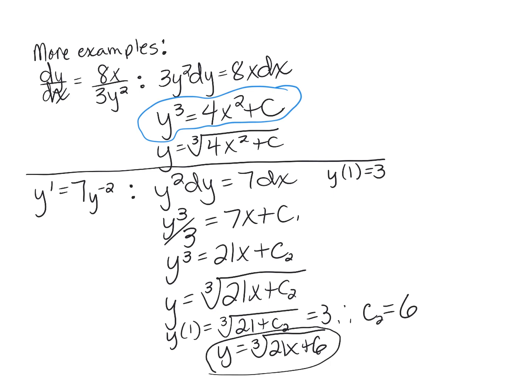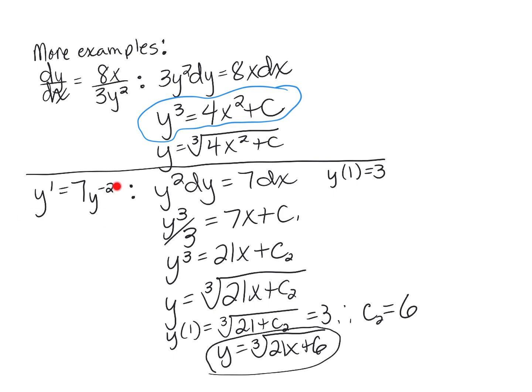Notice that in the question, the x's and y's were all mixed up, okay? You can, however, take the cube root of both sides and get this answer right here. Then you can check this by taking the derivative of the right-hand side and plugging it in right here, and then plugging that cube root squared right here. You'll see that some stuff cancels and you get the same answer on both sides of the equation.